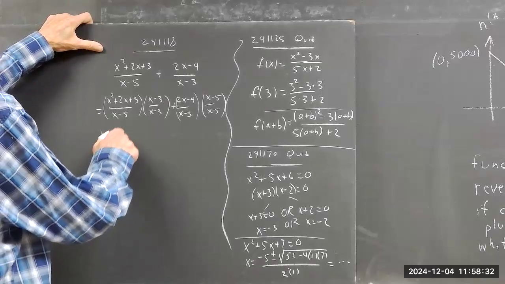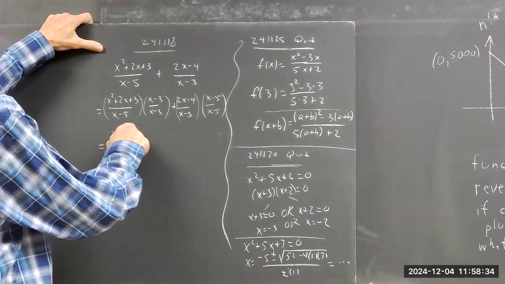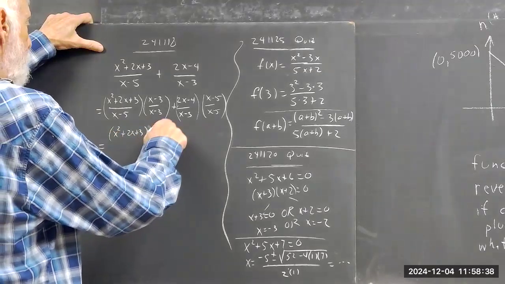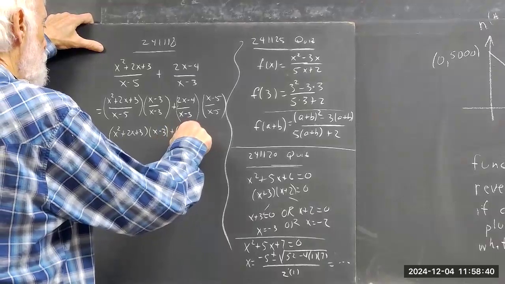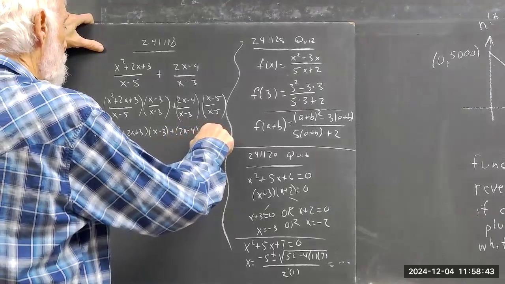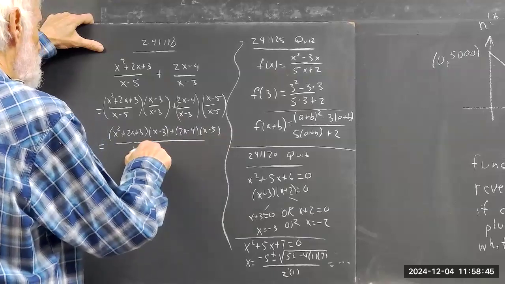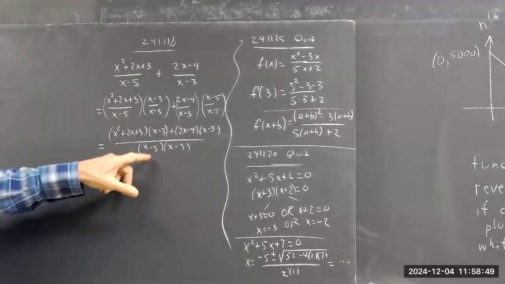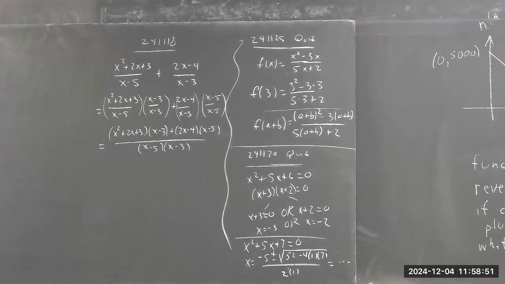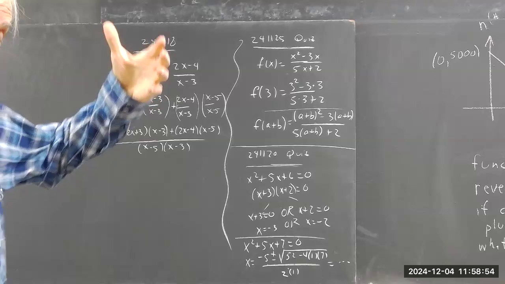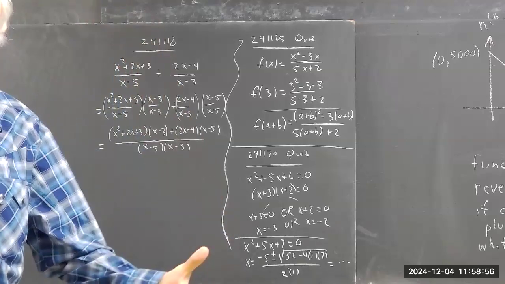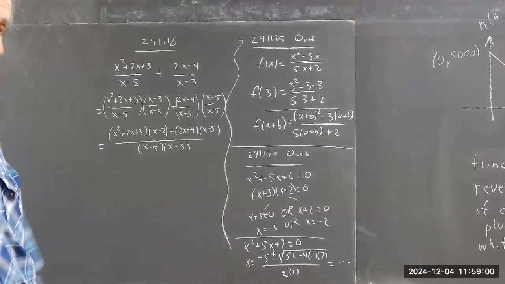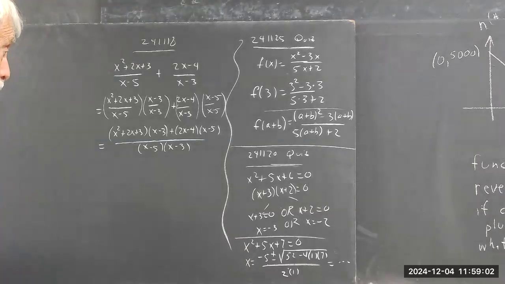So now we can add the numerators. We don't multiply these out at this point, and maybe we never do. If we just want our final result in factored form, which is usually the preferred form for analyzing a rational expression, then we do that.